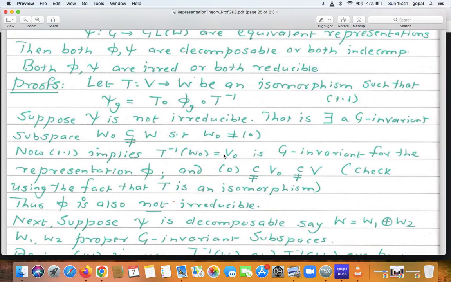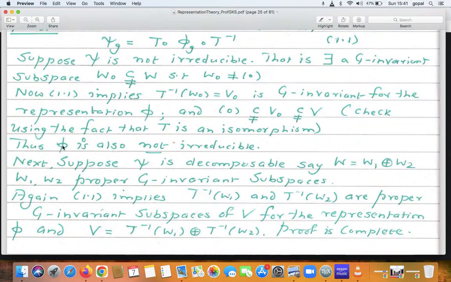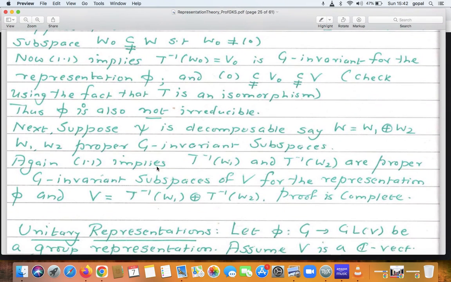It is non-trivial because T is an isomorphism, and it is G-invariant because of the intertwining property. That's all. And so phi is also not irreducible. So psi reducible implies phi reducible, and the case of decomposability is very similar.